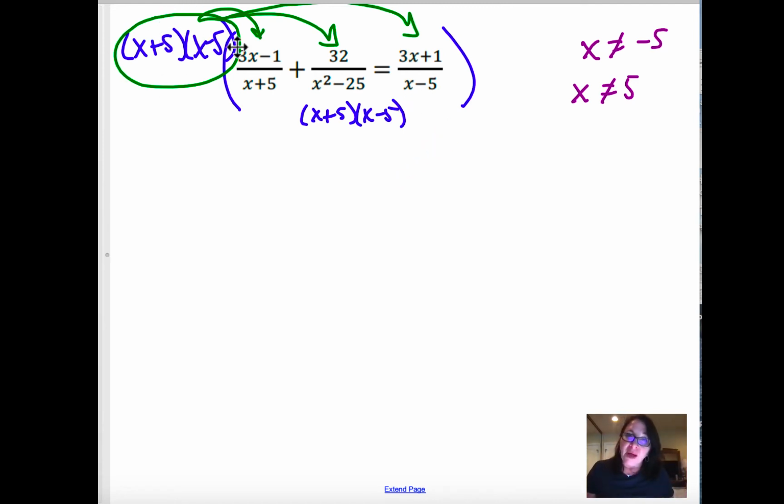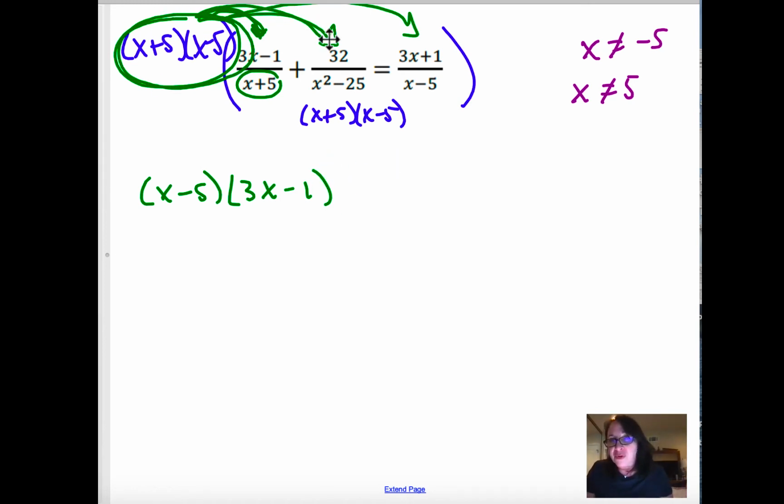So when I multiply this term by the first term, the x plus 5s cancel like that. And then I'm left with x minus 5 times 3x minus 1. When I multiply this quantity by 32 over the same value, both of those values cancel, and so you're left with just plus 32.